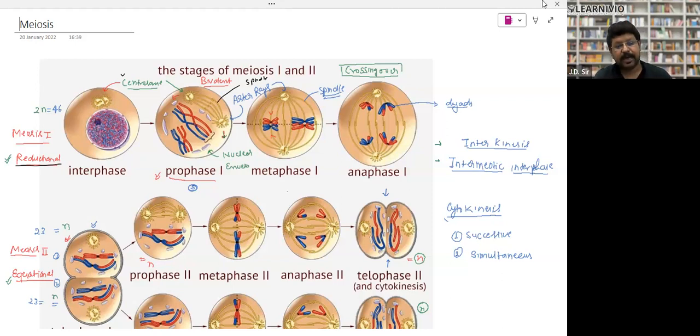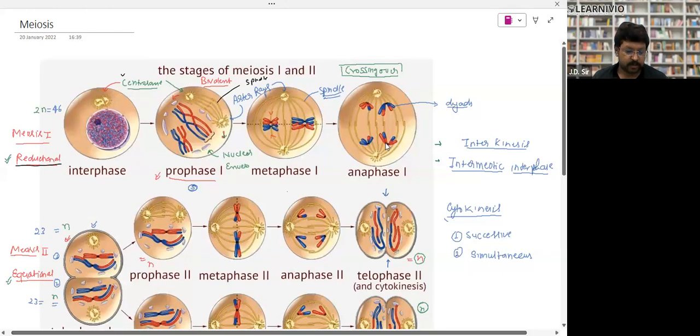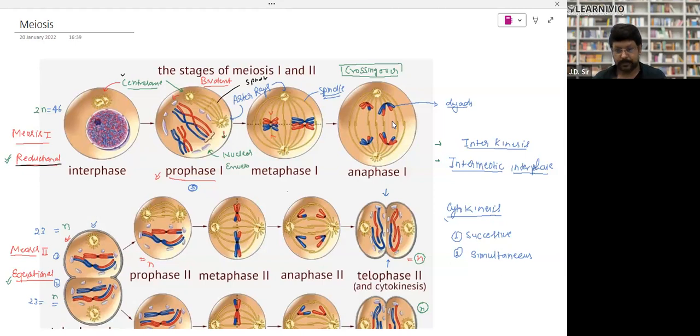Next subheading, anaphase 1. In anaphase 1, the homologous chromosomes break their connection and separate out.